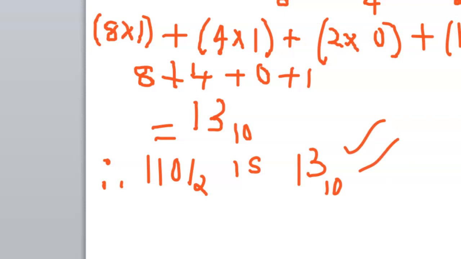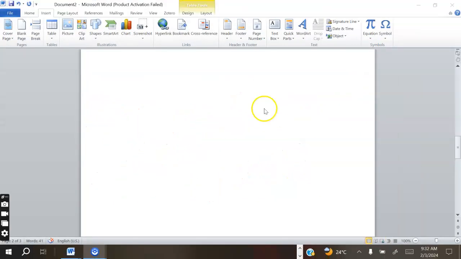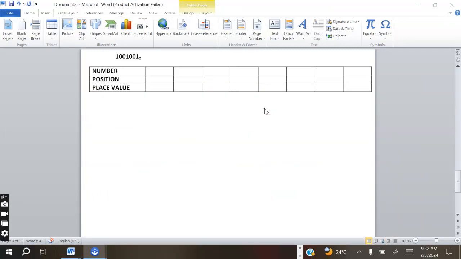Okay, let's move to the next example. Our example 3 is supposed to be 1 1 0 0 1 0 0 1 and 1 0 0 1 0.